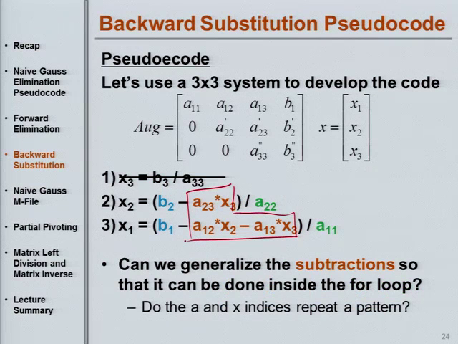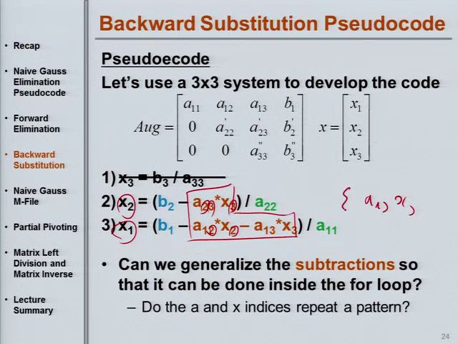Okay, so the only bit we've got left is this bit here. And I think we can see that there is a pattern emerging from that. First of all, if we're looking at this x1 down here, all the A coefficients start with 1. So it's A12, A13. And the 2 always matches with the variable. So the second element always matches with the variable. So this is the value for x2, the coefficient's A23 I should say, and it's multiplying x3. So it looks a little bit like Aij times xj.